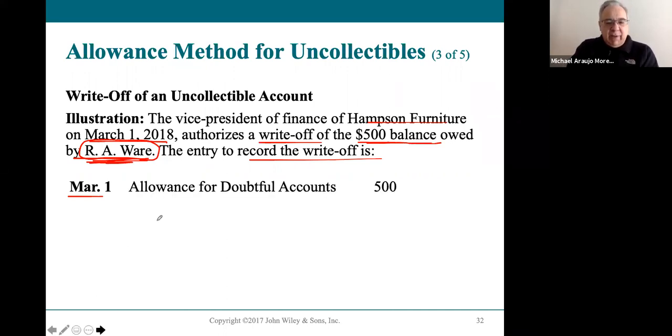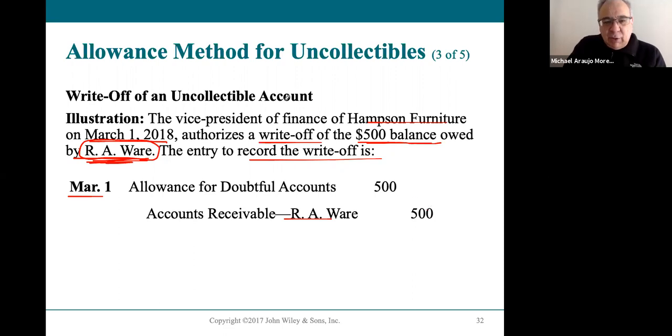They pull the money out of the allowance for doubtful accounts from the debit side of that account, and they apply that to Ware's receivable account on their books. So this is what the allowance method tells them to do. Take it from the allowance account to close out a bad receivable as they identify them through the year. So this is that pool of money that they've put aside to identify the bad accounts. When they identify bad accounts, that's the money they pull from to write it off.